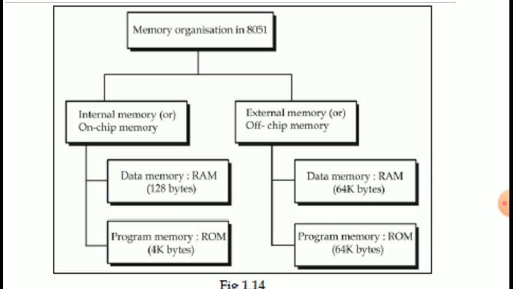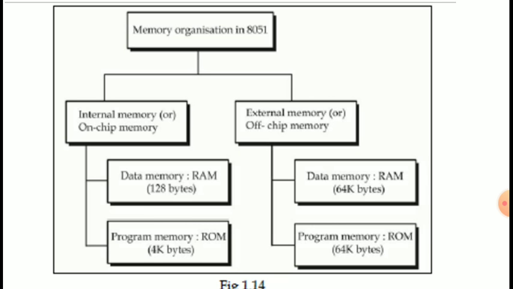In the features topic of 8051 we have seen this internal memory, that is data memory, RAM of 128 bytes, and program memory, ROM of 4 kilobytes. And to the right side we have external memory, or off-chip memory: data memory, RAM of 64 kilobytes, and program memory, ROM of 64 kilobytes.